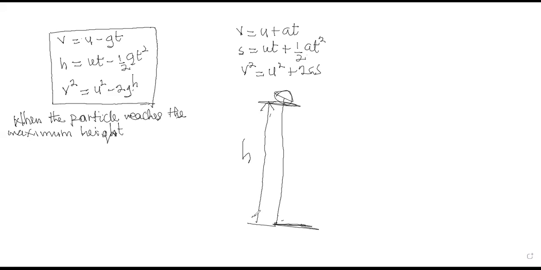Now, at the maximum height, the ball would start coming down. Why is it coming down? It is coming down because at this height we call the maximum height, it has no speed again.